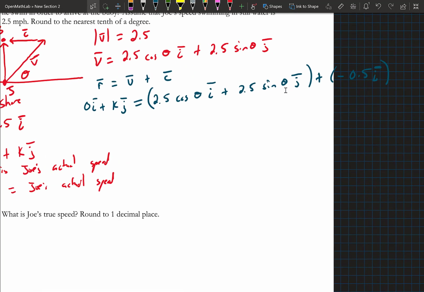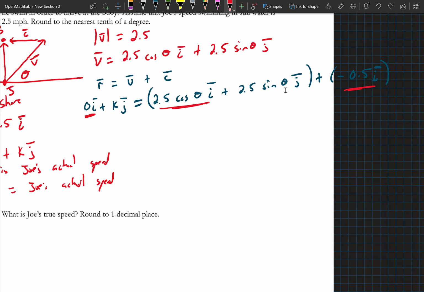Right? So when two vectors are equal, remember their components have to be the same. So it might be convenient if I just look at the horizontal components, the parts with an I, to solve for theta, because that's just going to be equal to 0.